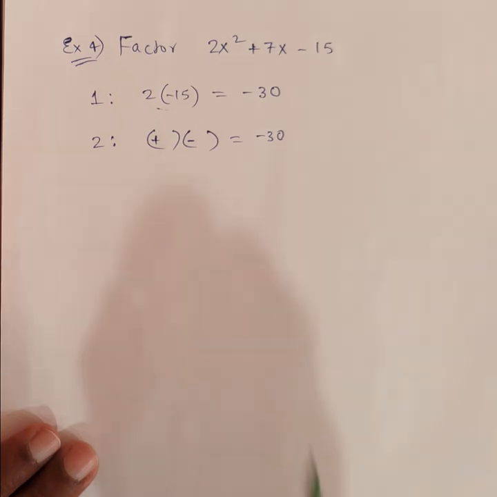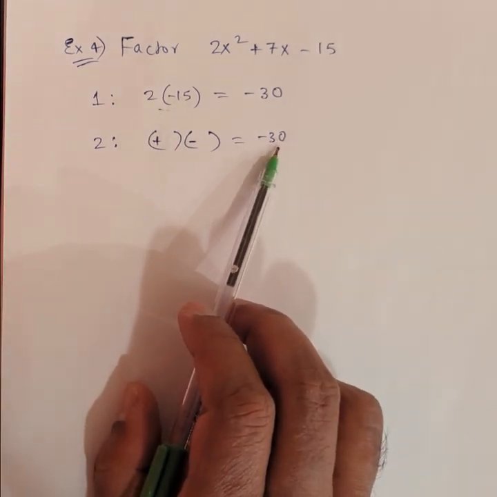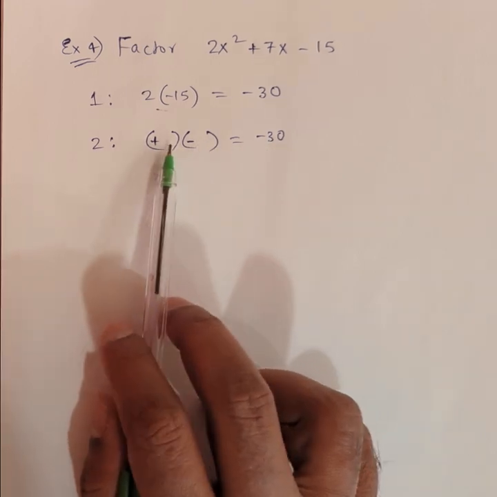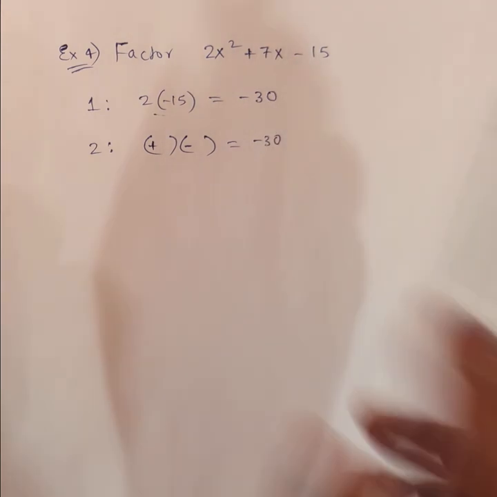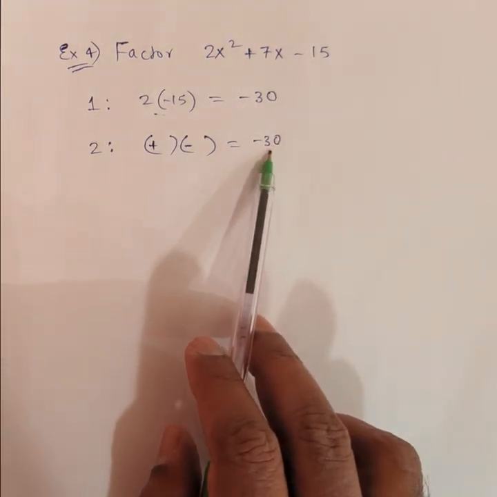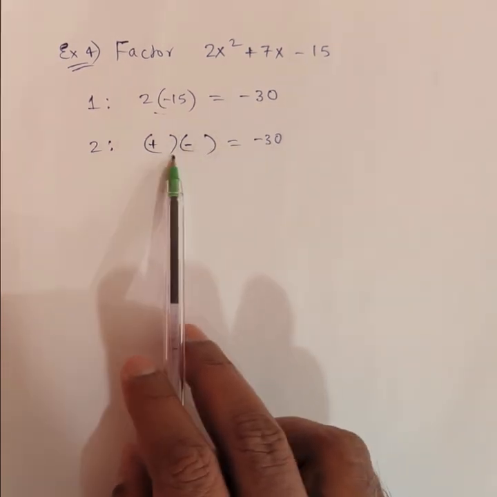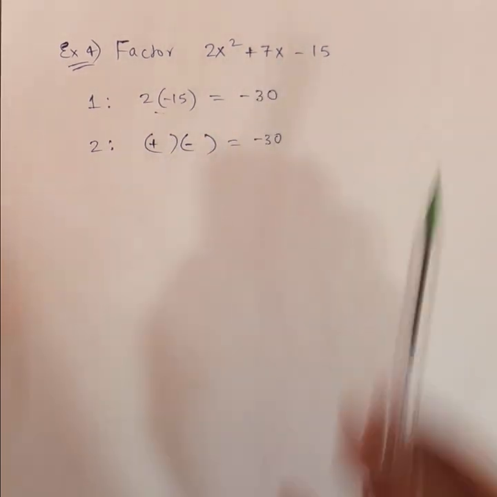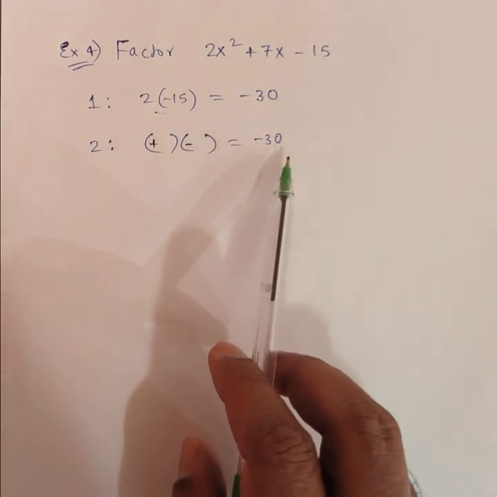So what two numbers can I think of? How do I get 30? Well, 2 times 15, that's not going to work because 2 and 15 cannot combine to give me 7. 5 and 6 also give me 30 when I multiply, but a combination of 5 and 6 is not going to give me 7. The other thing is 3 and 10.